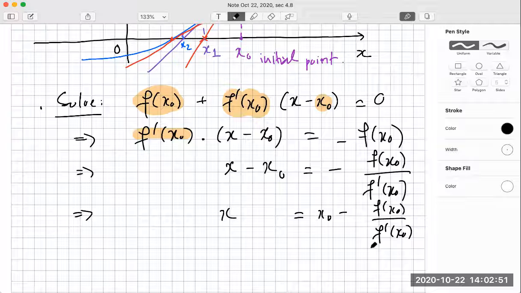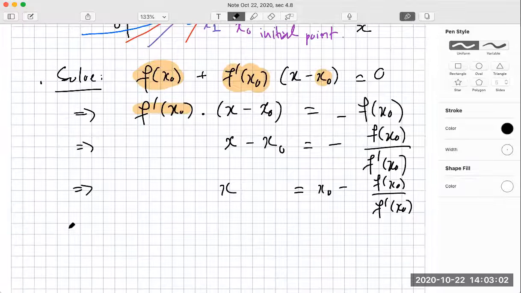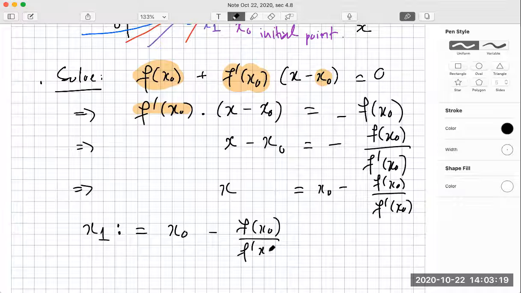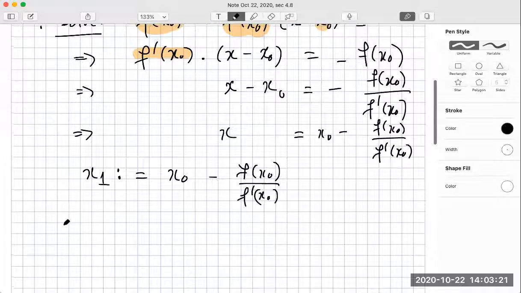So if x0 is given, the function f is given, then we can compute the right-hand side easily. So we define x1 to be the solution here. x1 is x0 minus f of x0 divided by f prime of x0, and repeat the process.